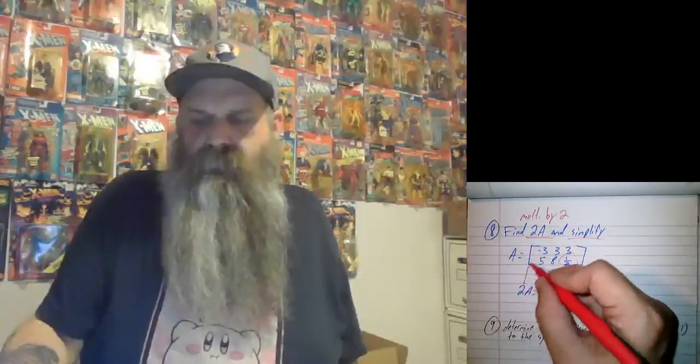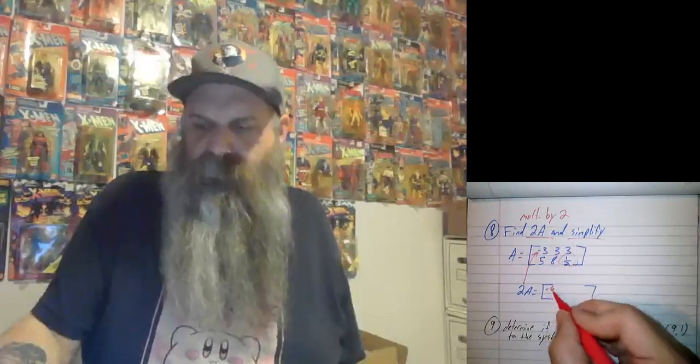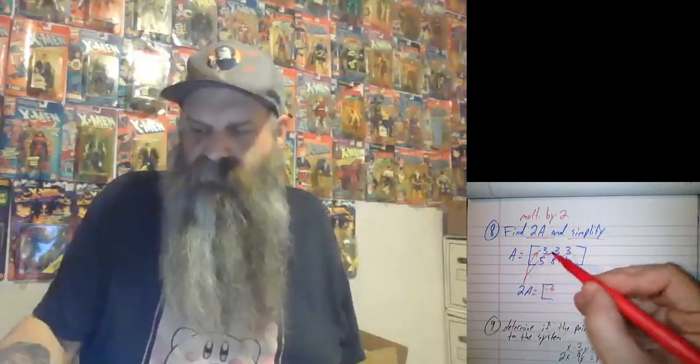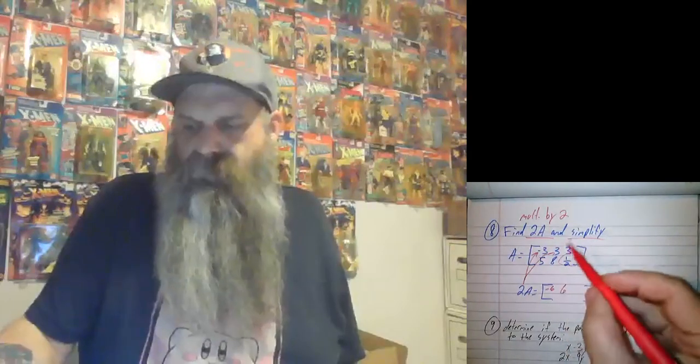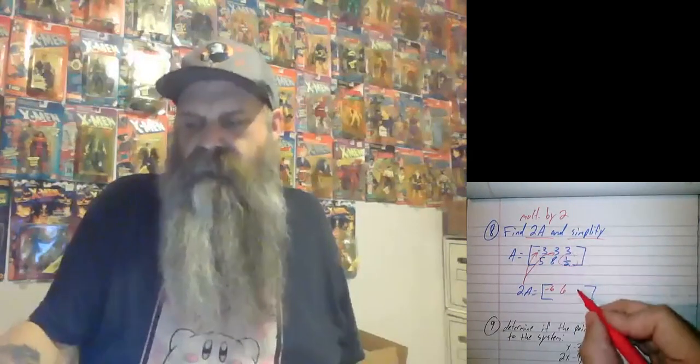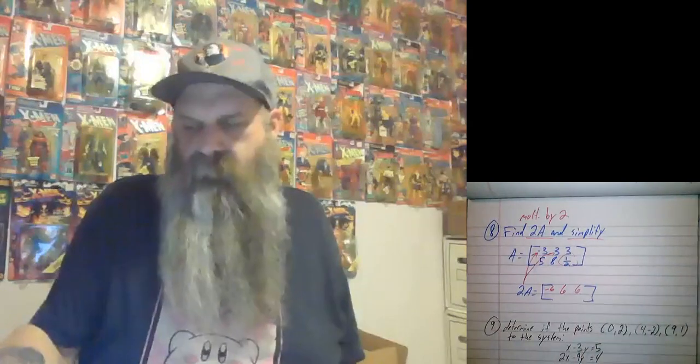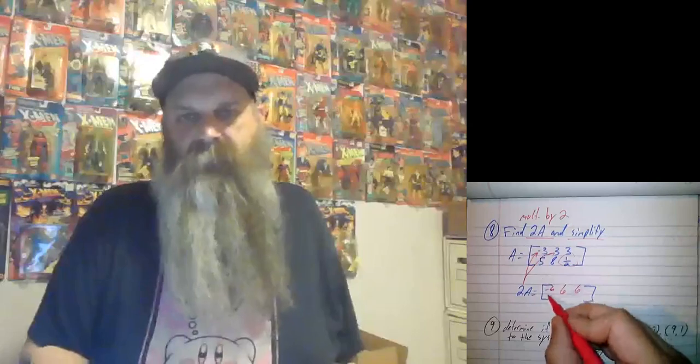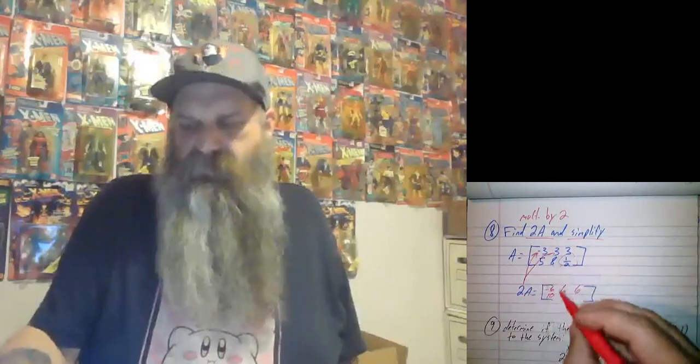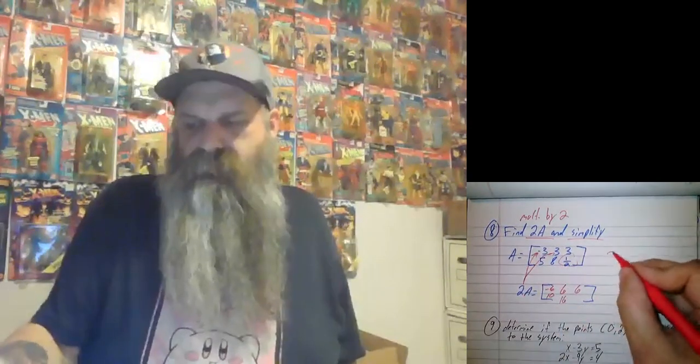That's all we need to do here. So 2 times negative 3 is negative 6. 2 times positive 3 is positive 6. 2 times this 3 is positive 6. 2 times 5 is 10. 2 times 8 is 16.